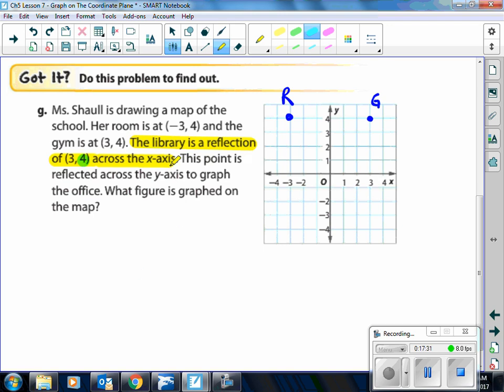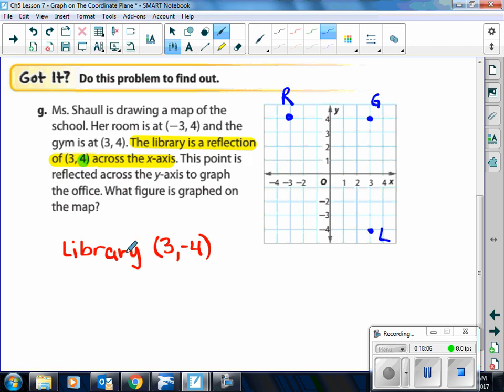Because we're reflecting over the x-axis. You see? So the library, let's write this down here. The library will be at 3 comma negative 4. Very good. So 3 comma negative 4 right there, that's going to be the library.